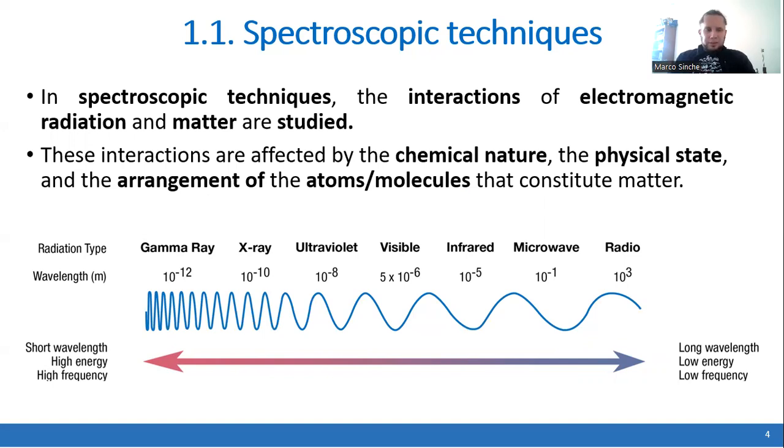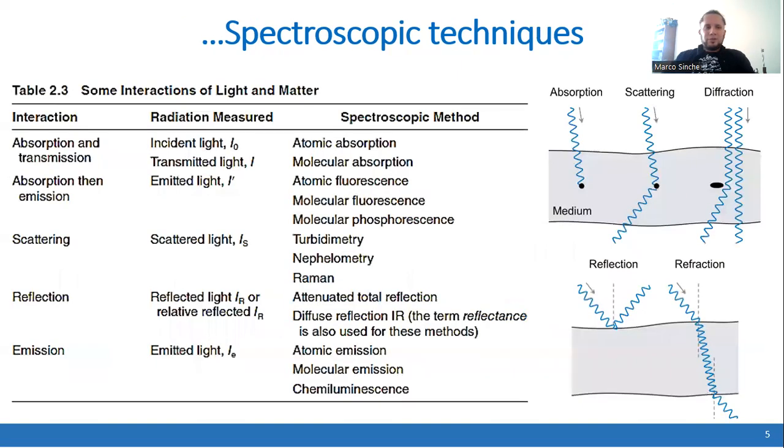In the graph, it could be seen that the electromagnetic radiation will have more energy if the wavelength is very short, and on the other side, if the wavelength is very long, they will have low energy. Also, the frequency will be similar to the energy: high frequency, high energy; low frequency, low energy.